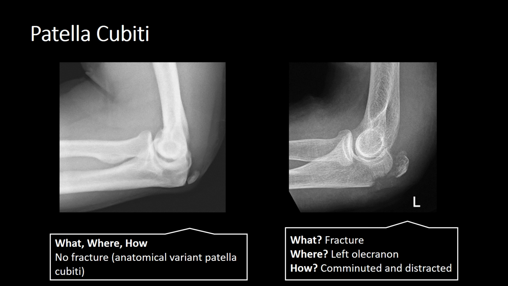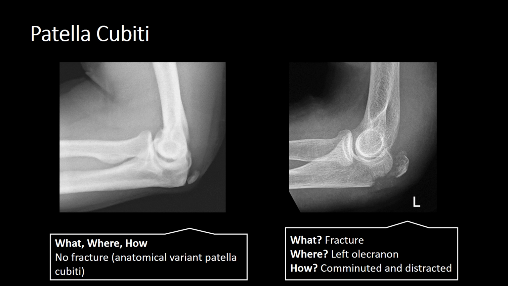Let's compare it to the image on the right, where we have an avulsion fracture at the triceps insertion. We can see that the fracture site is sharp and irregular. The adjacent host bone has lost its corticated margin. There's gross soft tissue swelling. Remember, this is extracapsular, so there will be no joint effusion.